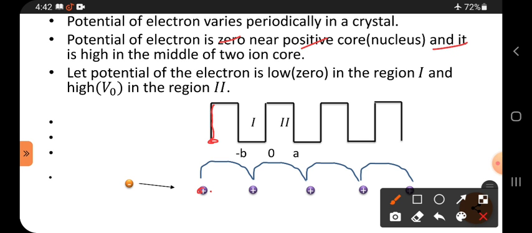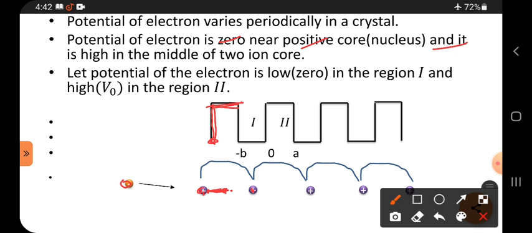And it is high in the middle of two ion cores. So when this electron is moving away from this positive core and reaching the middle point of two ion cores, its potential energy gradually increases, and when it is in the middle, its value is very high, the maximum value.